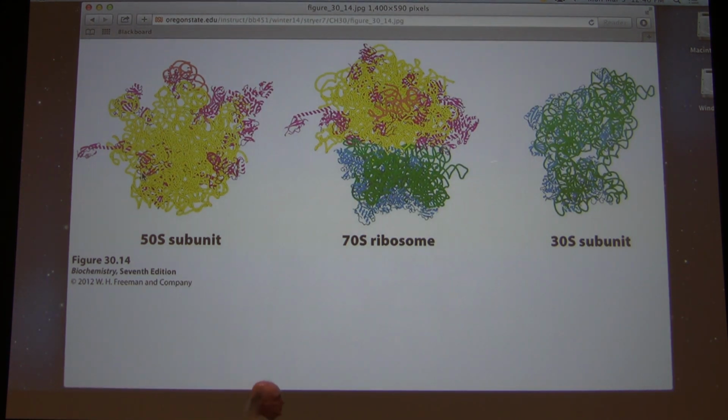And this is really good evidence, of course, that RNA can, in fact, catalyze reactions. It's catalyzing the most important reaction going on inside of cells, which is the making of proteins. Pretty cool. The ribozyme that catalyzes the making of proteins is the 23S ribosomal RNA. It's found in the 50S subunit. So, pretty cool.